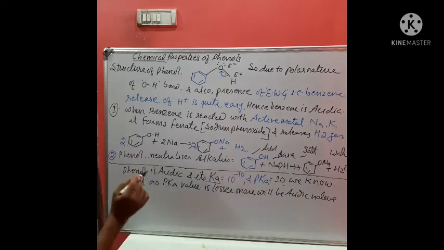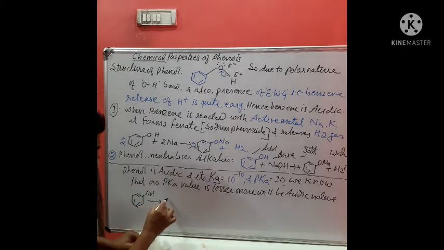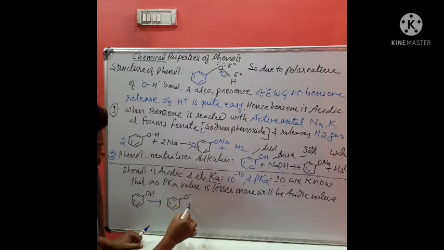Now we have already checked why phenol is more acidic. So this is what? OH. Okay, in aqueous solution, it converts into the O anion completely, plus it forms H cation.